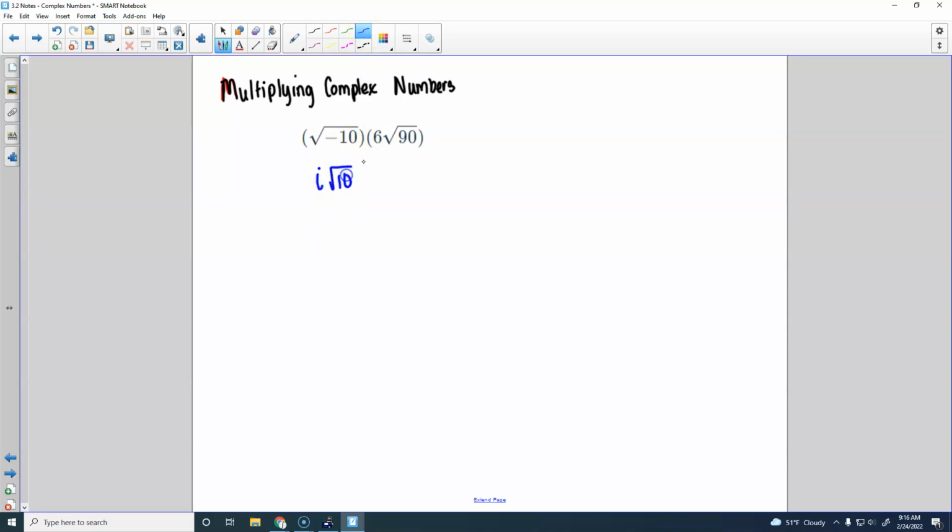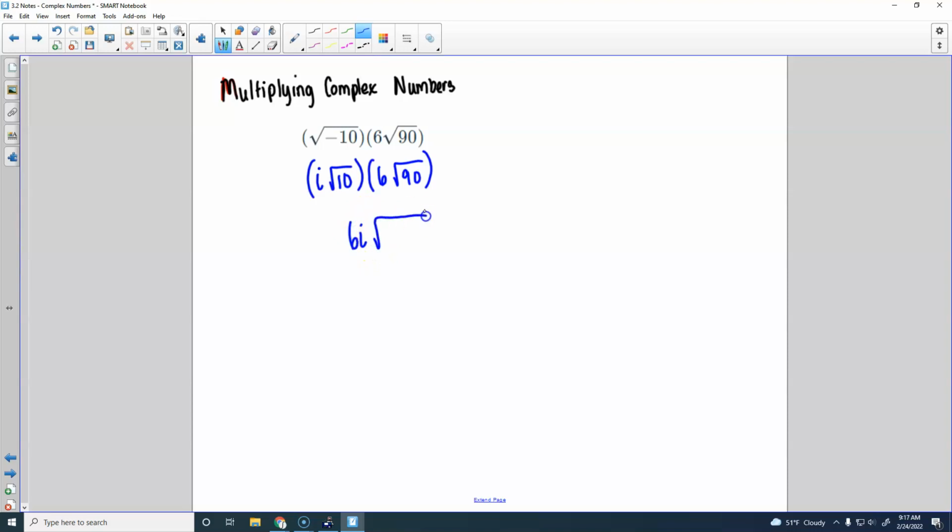You've got the square root of 10 i times 6 square root of 90. I'm actually not going to break that square root of 90 down yet. You could do 9 and 10 if you want. And then when you multiply the stuff on the outside together, you'll get 6i.